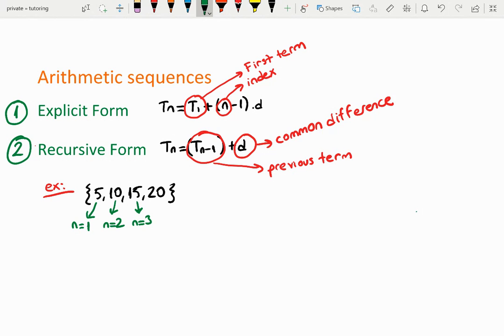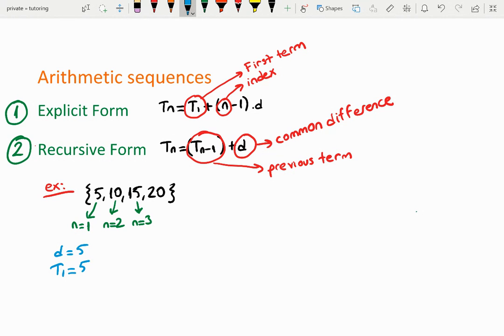Okay, so let's talk about how I can write explicit and recursive form in my example. So in this example, I know d equals 5, and T1, which is the first term, also equals 5.